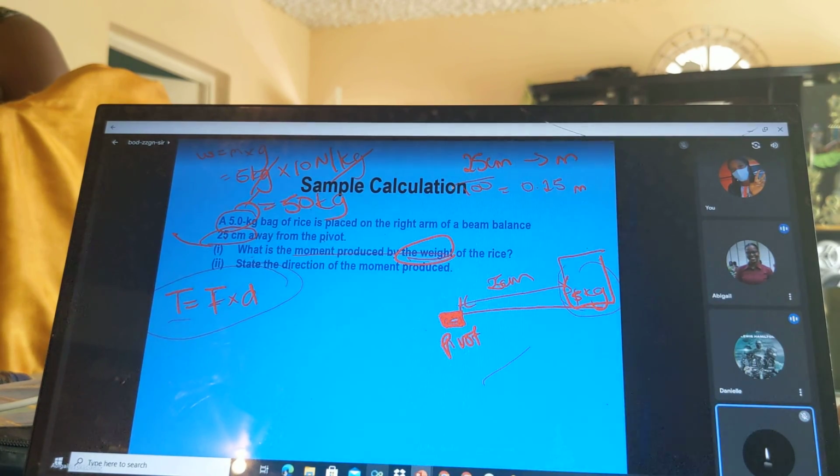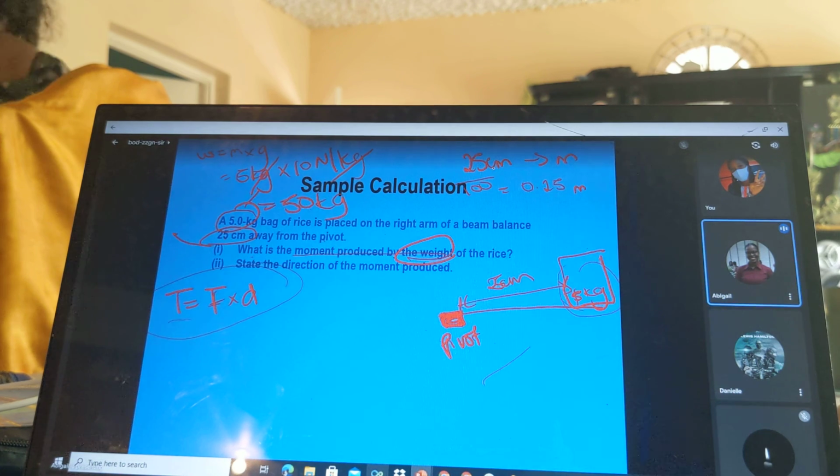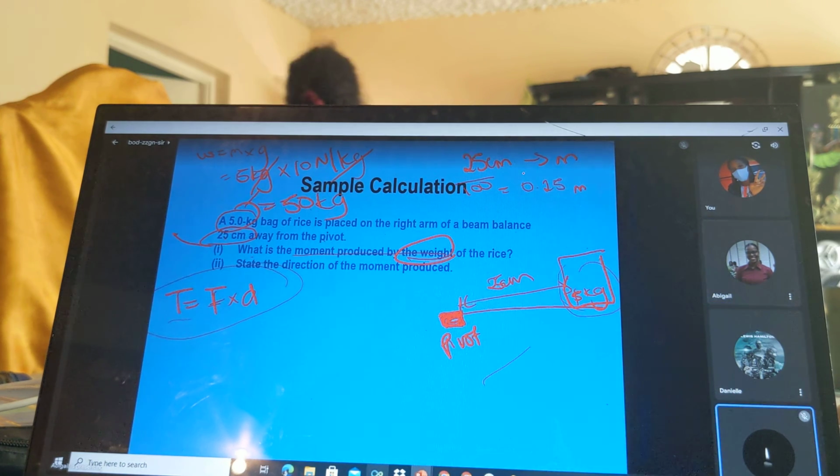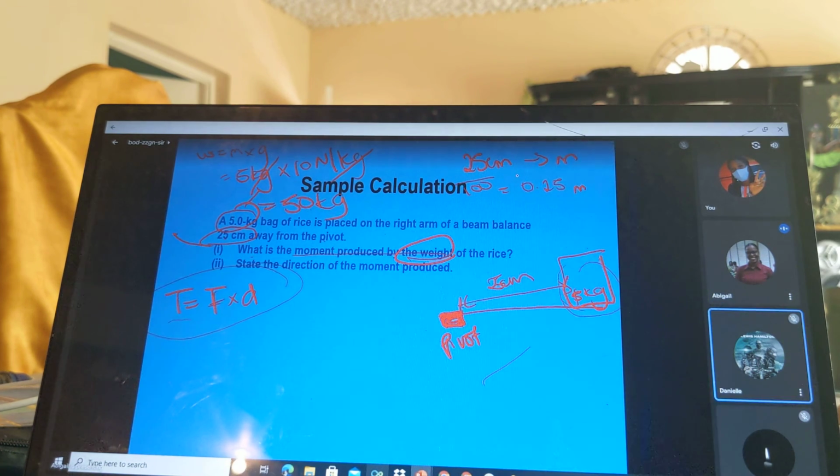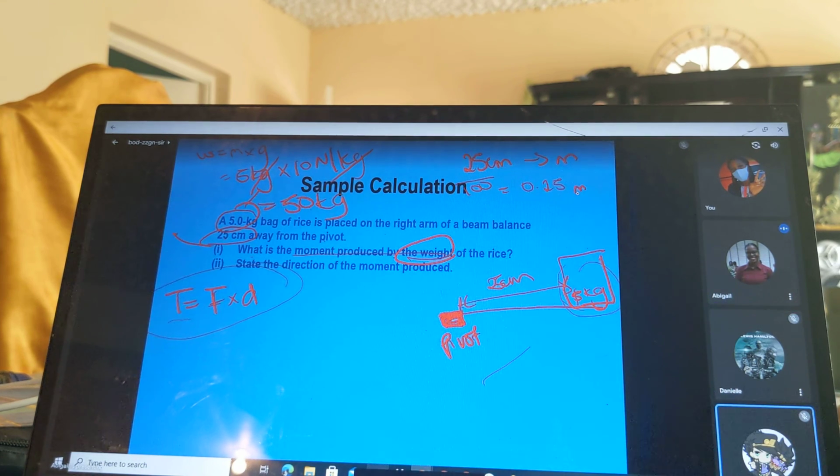Meter. We are going from smaller to larger, so we divide. How many centimeters make a meter? 100. That means we divide 25 by 100, and the answer we get in meters is 0.25 meters.